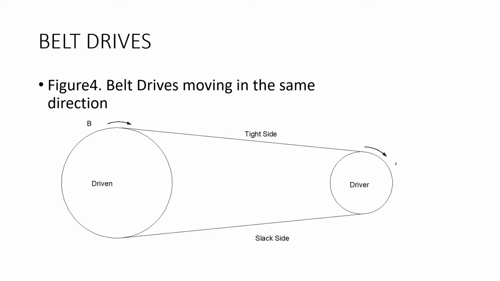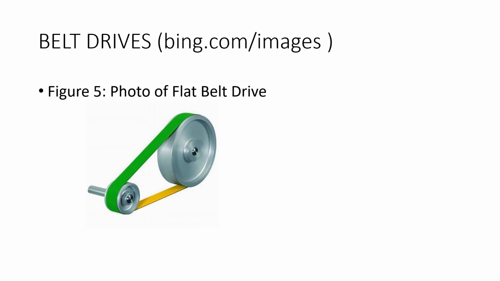If you look at the belt, there is the tight side and the slack side. Figure 5 shows one pulley which is transferring torque to another pulley, driving it using torque from that belt.